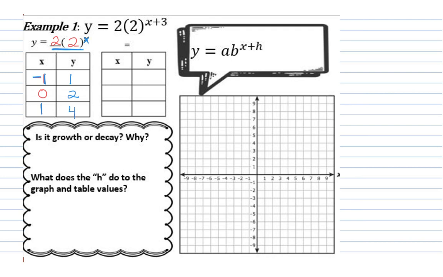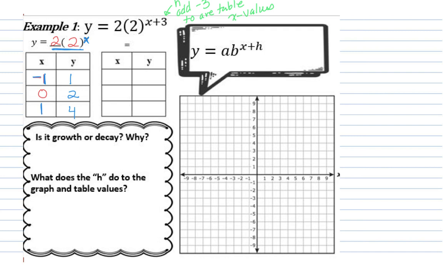Okay, now what we're going to do is, this right here is our h value, and it's going to be the opposite. So we're going to add a -3 to our table for the x values.